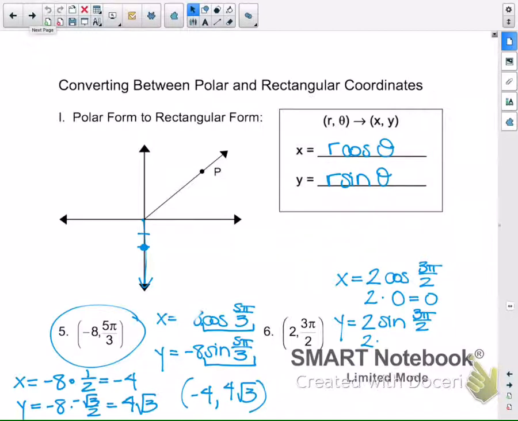In our chart, at pi over 2, it's 1 because it's at the top. At the bottom it's going to be -1, which gives me -2. Exactly where we said it was graphed here as an xy coordinate. Okay? It should always make sense between the two.